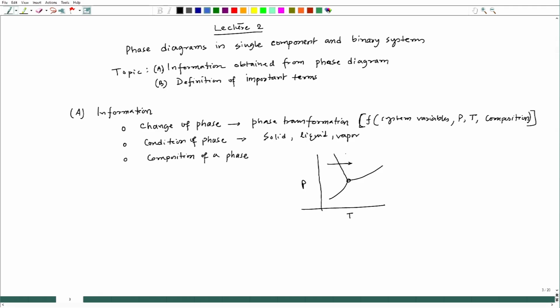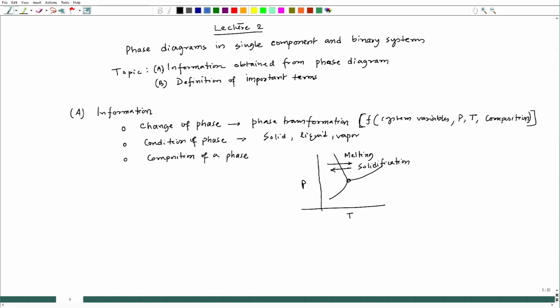Let us say this is called melting, and the back transformation is called solidification, and at that time we are keeping the pressure constant and changing the temperature. So, composition, it is still one component, but it changes from liquid to solid and solid to liquid.